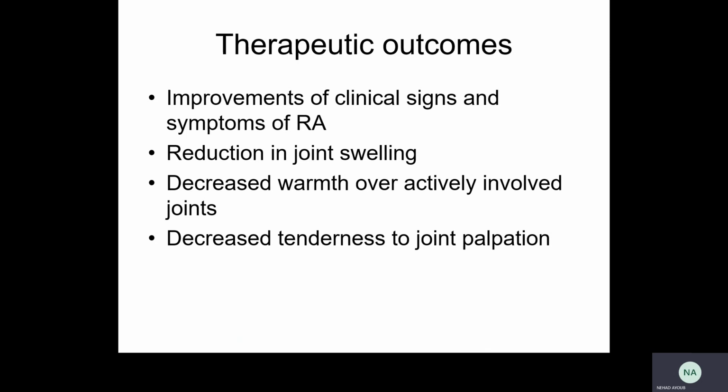Okay, يعني المفروض يقل stiffness, يقل acute attacks, swelling, يتحسن الhandling أو function of the extremities and so on.